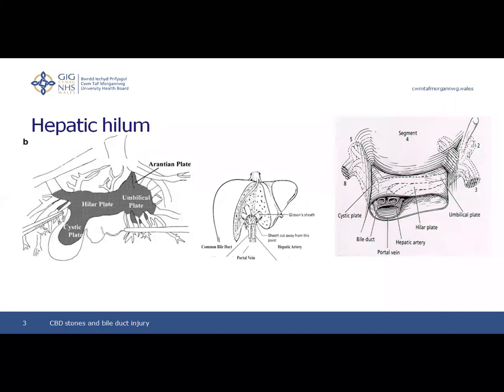The hilar plate is a flat surface covered by the peritoneum, which consists of the structures in the hilum of the liver, and which extends laterally on the right side to form the cystic plate where the gallbladder sits, and on the left-hand side, the umbilical plate where the falciform ligament goes and attaches to the left side of the liver, the left portal vein.